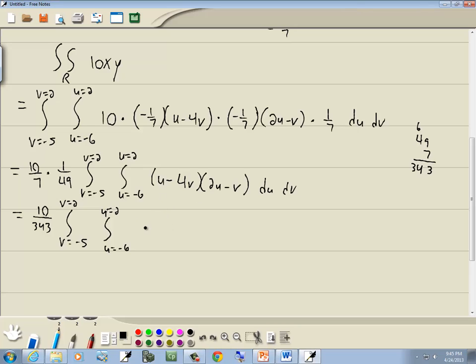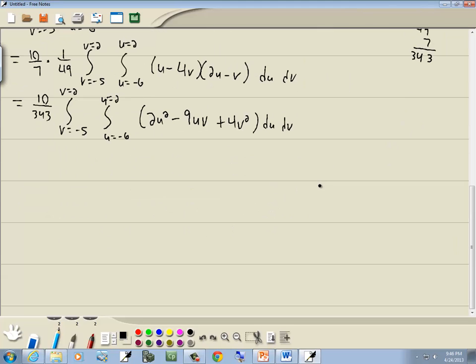Okay, I'll multiply these together. u times 2u gives you 2u squared. u times negative v is negative uv. And negative 4 times 2 gives us negative 8uv. So that gives us negative 9uv. Negative 4v times negative v gives us a positive 4v squared. du dv.